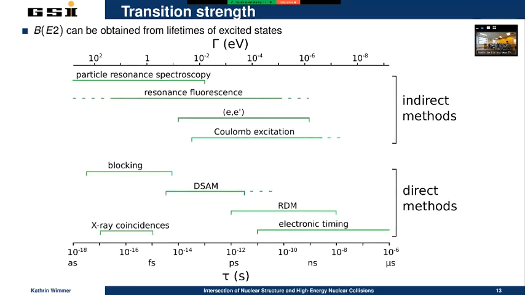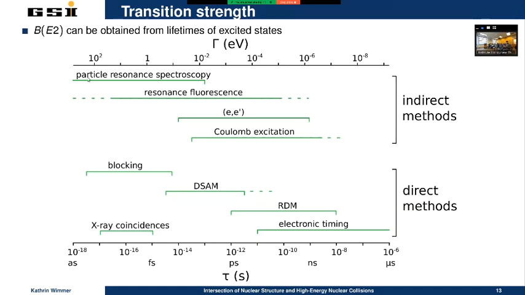So how can one obtain the transition strengths from experiments? Depending on the lifetime of states or the widths, there are different experimental techniques. Indirect methods essentially measure a cross-section of the excitation process.